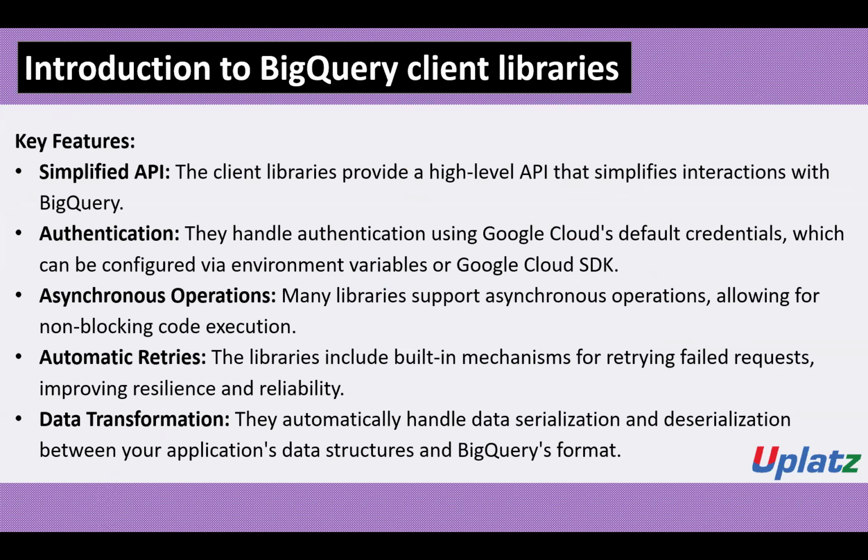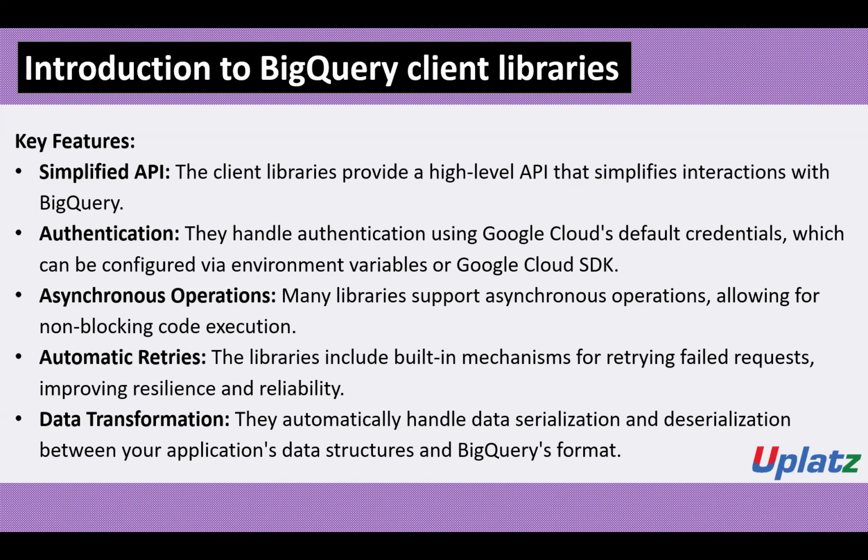The first one is a simplified API. The client library provides a high-level API that simplifies interaction with BigQuery. The next key feature is authentication. They handle authentication using Google Cloud's default credentials, which can be configured via environment variables or with the help of the Google Cloud SDK. Next is asynchronous operation.